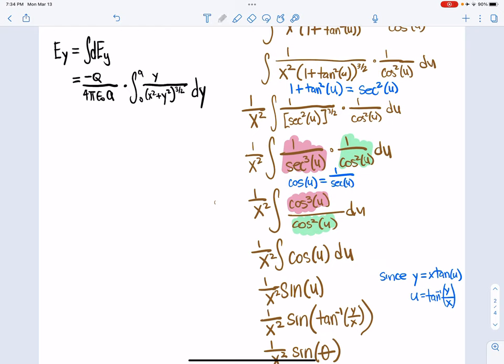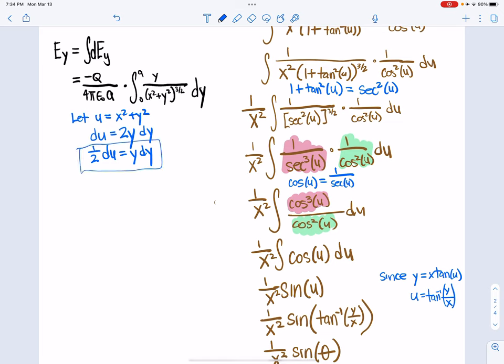Now I'm going to let u be equal to x squared plus y squared, right? If I take the derivative of that, du would be equal to, this is just a constant, so that's 0, and then the derivative of y squared is 2y dy, correct? So 1/2 du is equal to y dy. Now back to my problem. That becomes negative q over 4 pi epsilon naught times a.